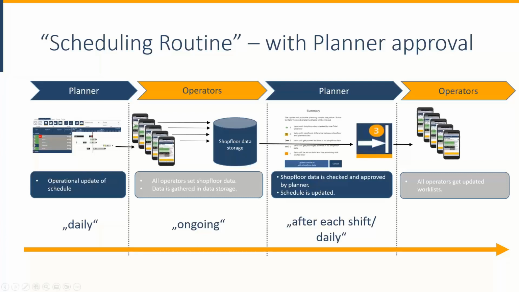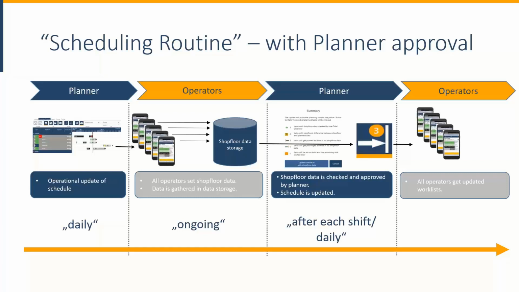So this updating leads to an updated schedule. This schedule is the basis for the work list of the operators on the shop floor. The operators work on the shop floor and start execution according to the work list and set the shop floor progress data accordingly. Then it is the planner's task to check the data and then approve this shop floor data.